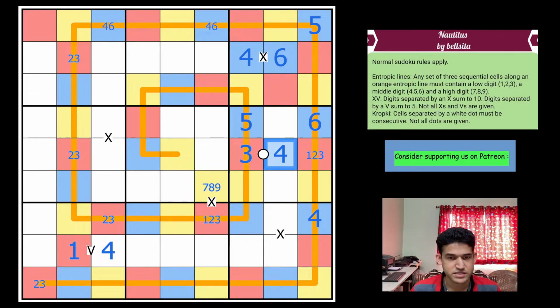In column 7, 6 can be placed. So that's a 6. That's a 5. And you have 4, 6 here. This cannot be 4, so that's a 6 and that's a 4. What a cool Sudoku, guys. Really superb. This will be a blue. This is a 5. And using Sudoku, we can place the 5 in row 8.